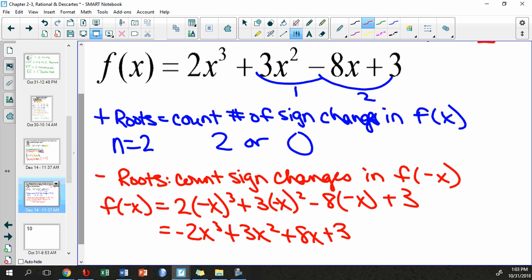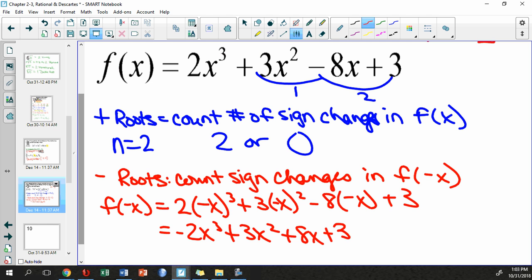Now my question to you is what's the pattern? And it has to do with powers. Which coefficients changed their sign? The even powered or the odd powered?